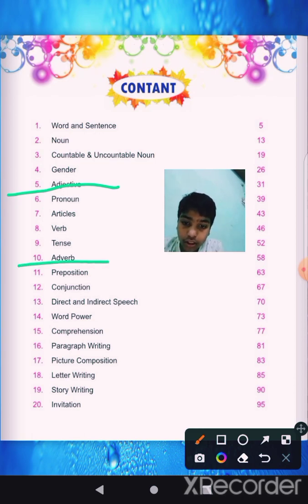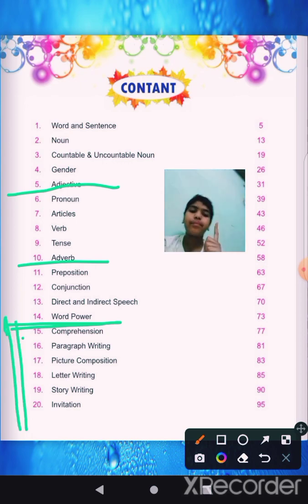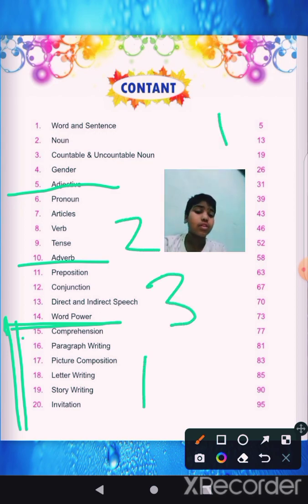The third, you will get 14, and then all this will be in one. So these are the 4 terms we are going to have. After one term is over, one holiday will be given, and then another will start. Like this we will continue our chapters.